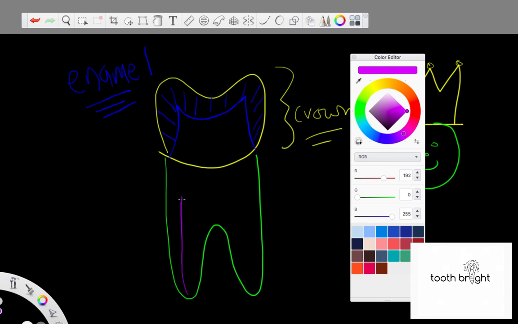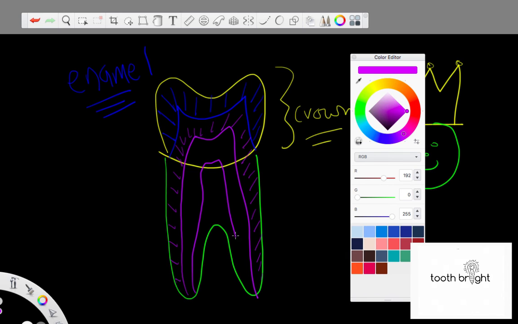The dentin goes all the way up the tooth and forms this inside area. It's a softer substance than the enamel, much more porous, much more susceptible to a cavity. If you get a cavity inside the tooth, this substance will be destroyed very quickly.